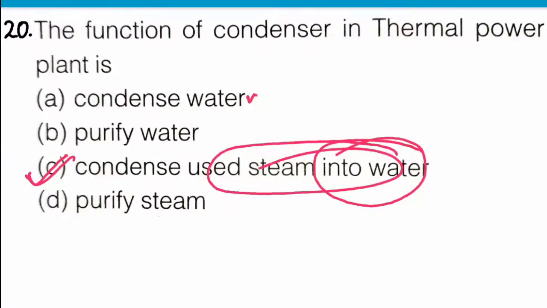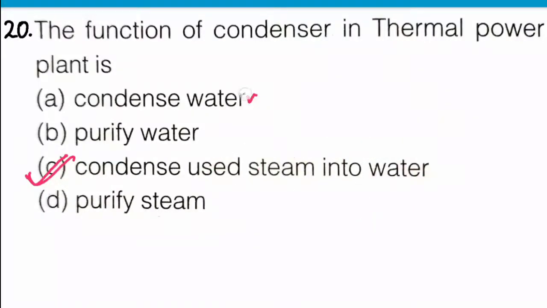So option C is the correct answer, because the steam passes through the turbine, then goes to the condenser, and at that place it is converted to water again and purified also. So this is the end of this topic.